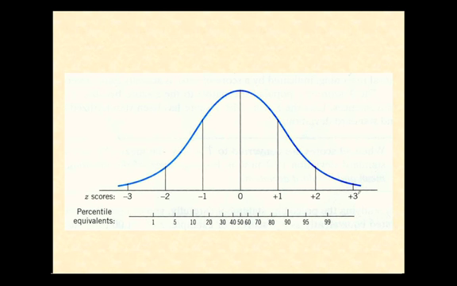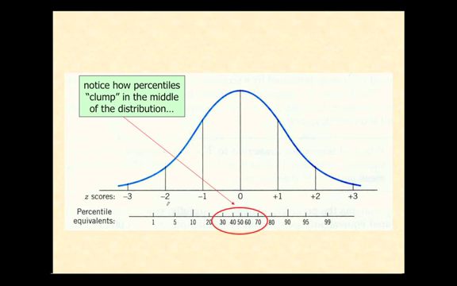Each raw performance gain is an equal distance in standard deviation units. But in percentiles, it's very different. 50% of the people are above, and 50% of the people are below. That is, by definition, what a percentile rank of 50 is.